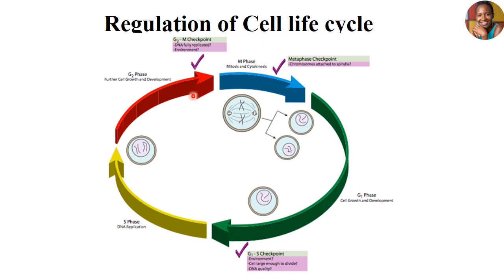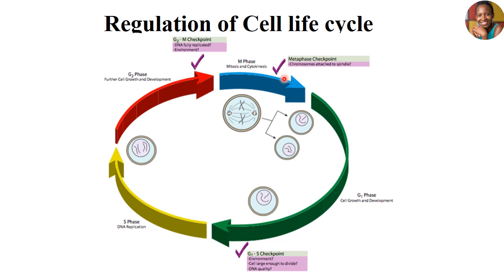And then it ensures that the environment is also ready for the cell to be divided. So once at G2 you've confirmed the DNA has fully replicated, it's fully formed, and the environment is proper, then the cell can transition from G2 and begin the cell division process.